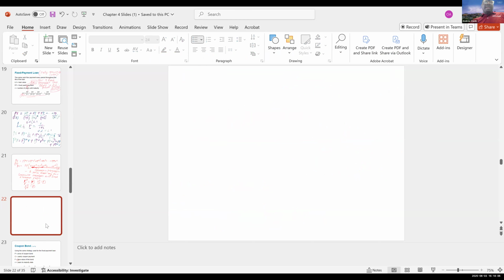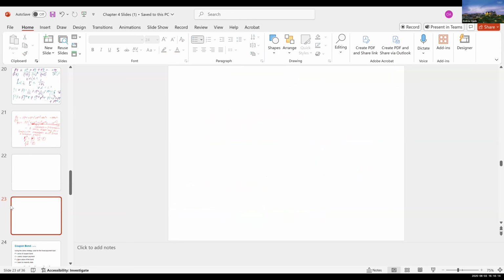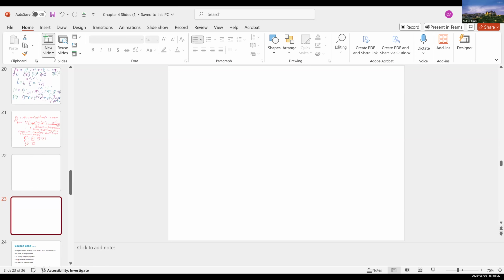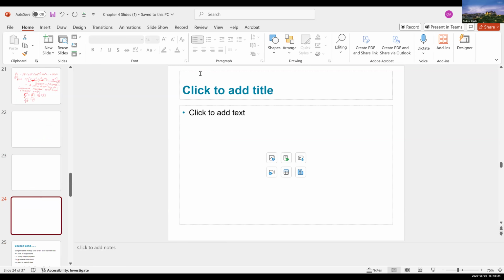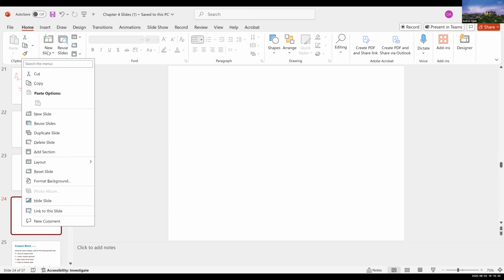So let me open a couple of new slides, because there are a couple of steps I'm going to use to derive this formula. I need a few empty slides. One more.